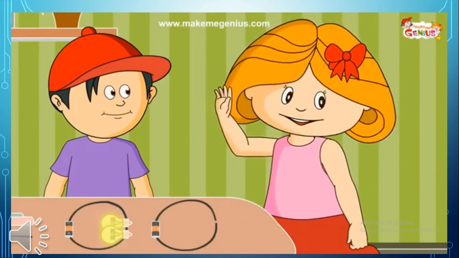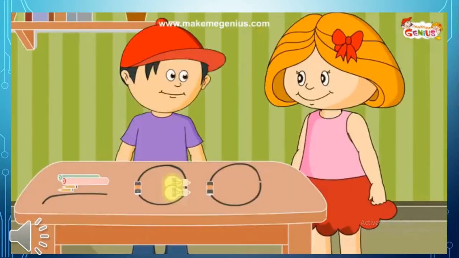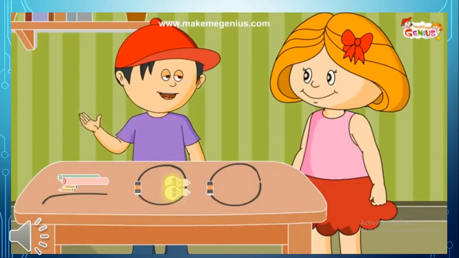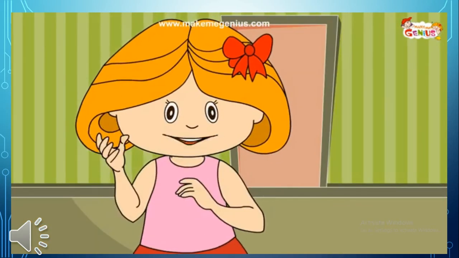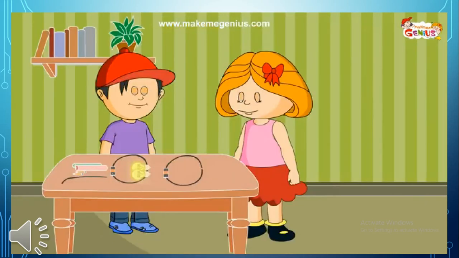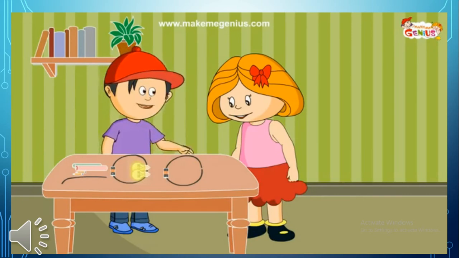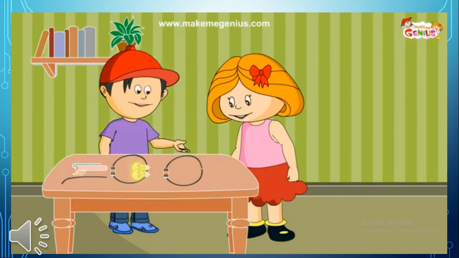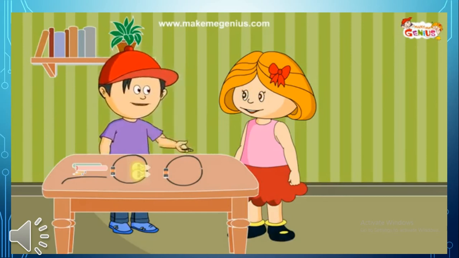Hello? What's going on, young scientist? Hi, I'm trying to make an electric circuit. Electric circuit? Wow! Have you learned that in school? Yeah, a little bit. I have learned that the simplest complete circuit is a piece of wire from one end of a battery to the other.